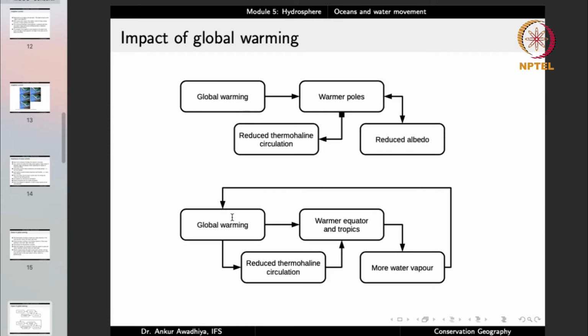So what we are observing here is that if you have global warming, then up to a certain level, you are protected by the global thermohaline circulation. But after a level, it will become a positive feedback. And once it becomes a positive feedback, it will be next to impossible for us to reverse the process.